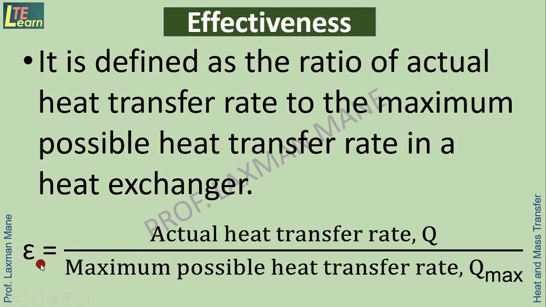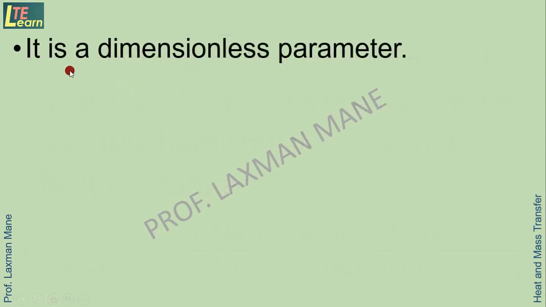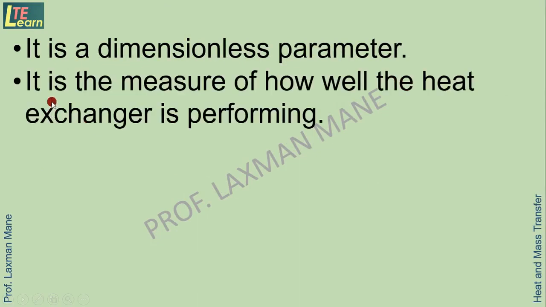The formula is epsilon equals actual heat transfer rate Q divided by maximum possible heat transfer rate Q max. So from the formula it is seen that it is a dimensionless parameter. It is the measure of how well the heat exchanger is performing, meaning the performance of the heat exchanger.